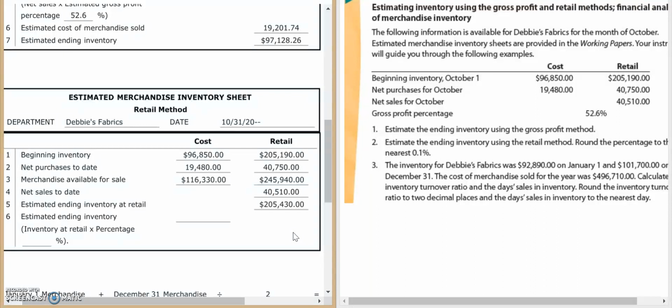which in order to do that, we need to find our percentage.